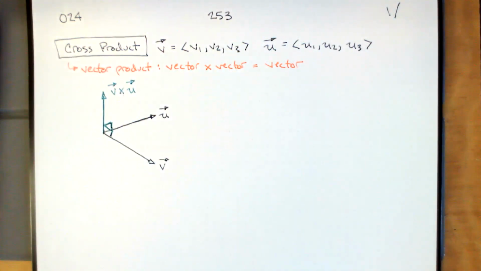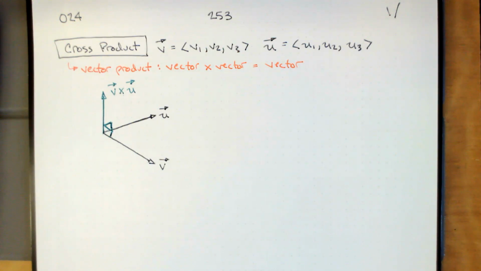I picked a pretty unfortunate angle between U and V. So notice that I drew a vector that is perpendicular to U and V, and I take this particular direction.